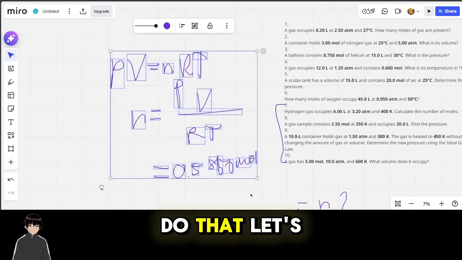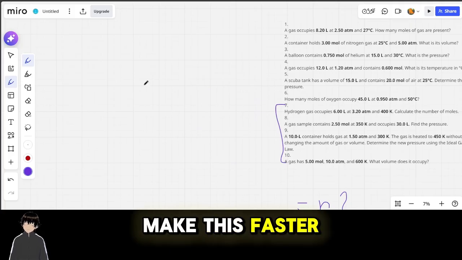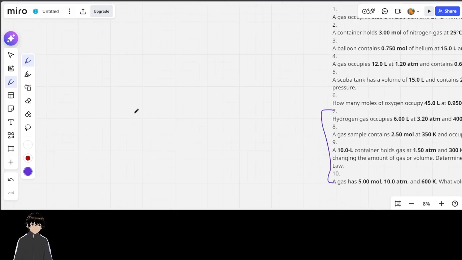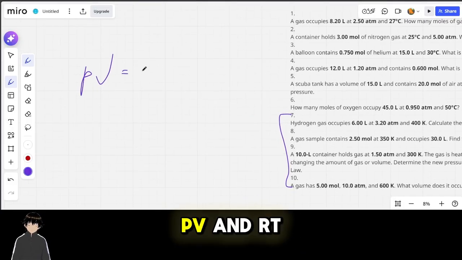Let's go do number 8. We'll try to make this faster. Okay, so we have P, V, and RT. We're trying to find pressure.